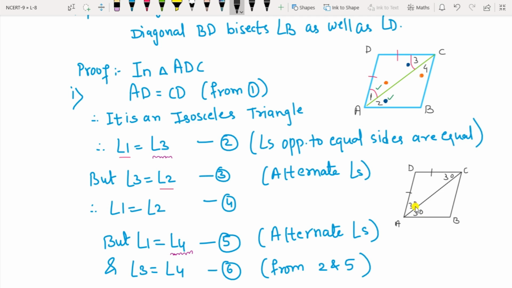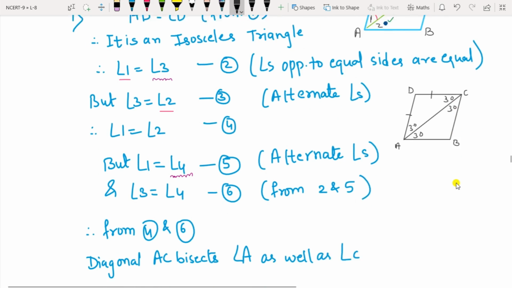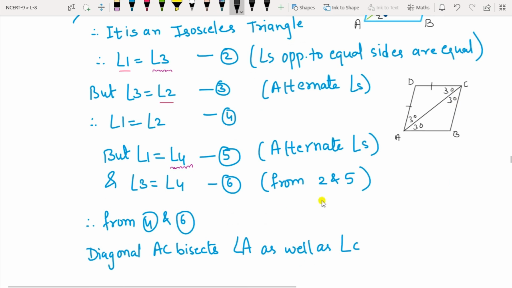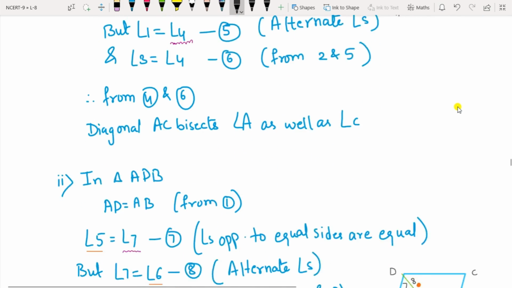But we know that 1 is also equal to 4, that is alternate angles again, and therefore 3 is also equal to 4. Okay, all the angles are equal to 30 now, and therefore from equations 4 and 6, we can say that AC bisects angle A as well as angle C, since you get all the angles as equal to 30 if you consider.